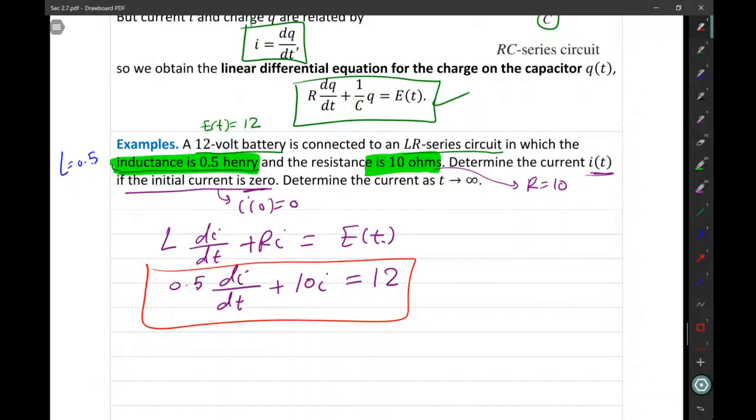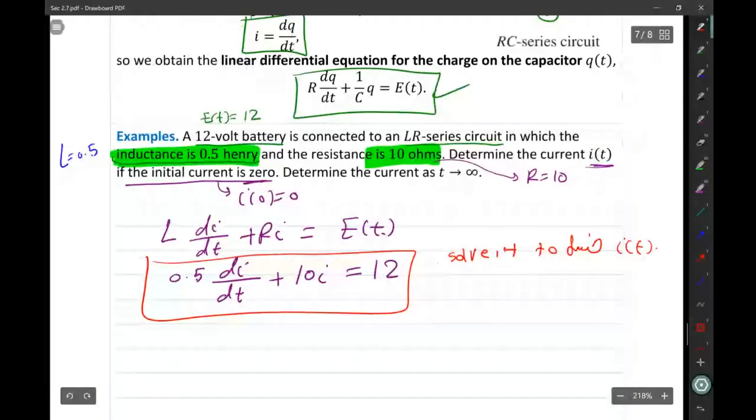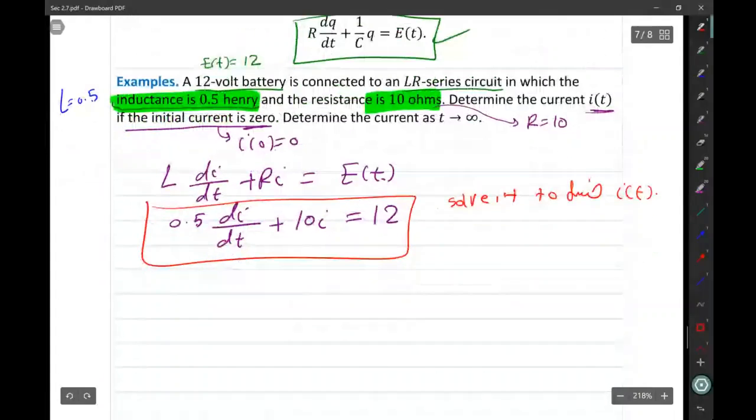Now I need to solve it to find I of t. Okay. Now to get rid of this half, multiply both sides by 2.